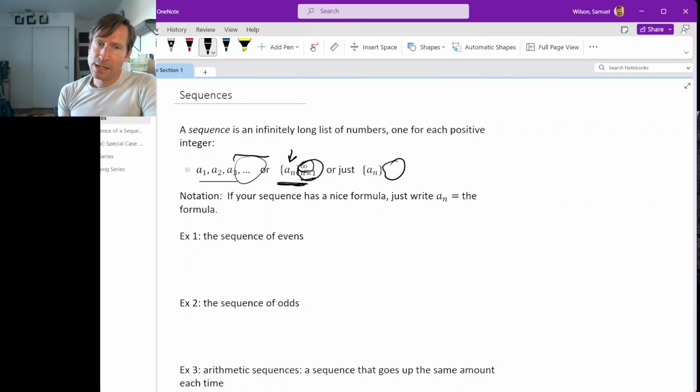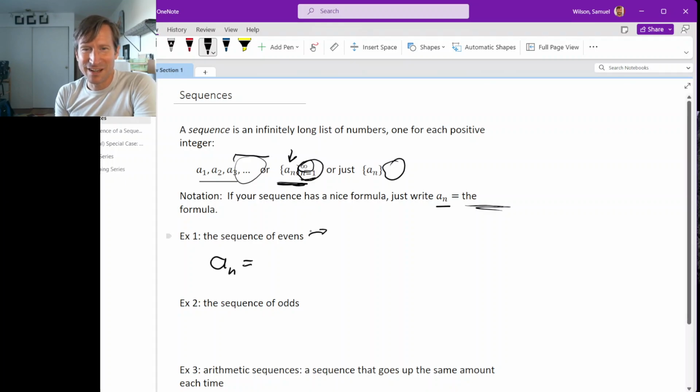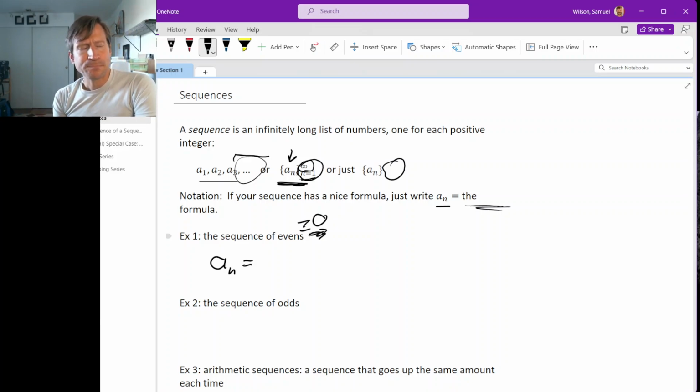Another way to express sequences is, if you know you're talking about a sequence, sometimes you'll just write a sub n equals, and then the formula for the sequence. For example, if we want to write the sequence of evens, say the evens greater than or equal to 0, because there are negative evens as well, then to get an even number we take some integer and multiply it by 2.